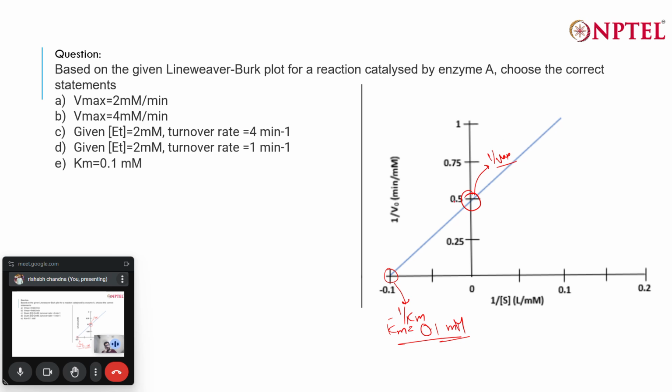So this is 0.5, which means Vmax is equal to 2 millimolar per minute. Now the slope of the line would give Km by Vmax.